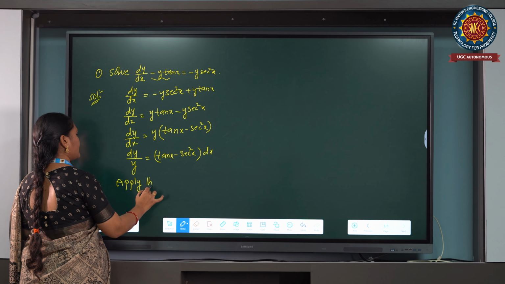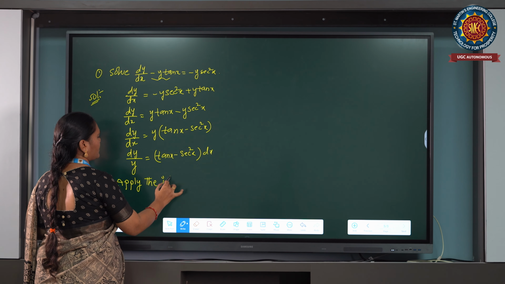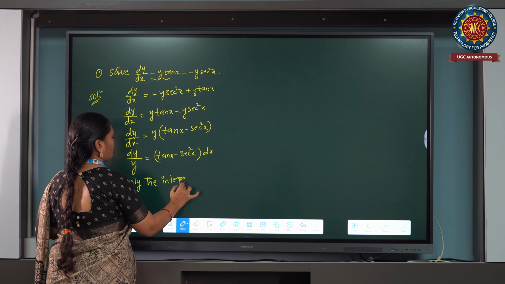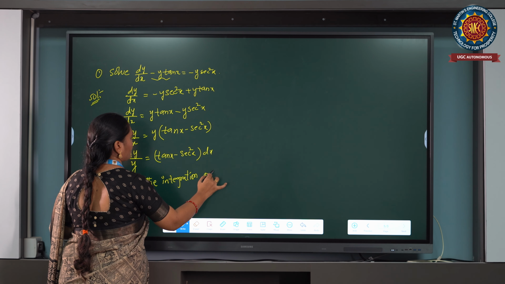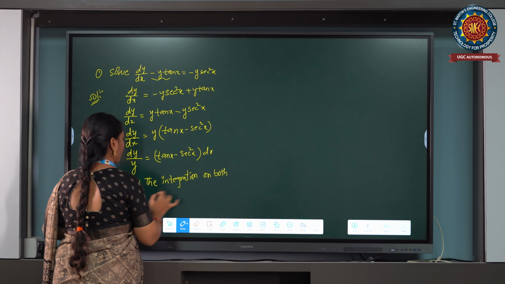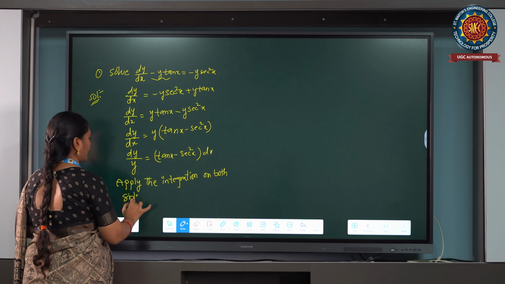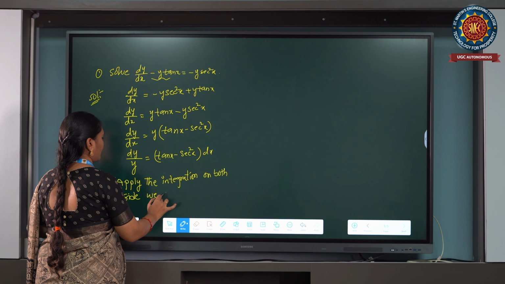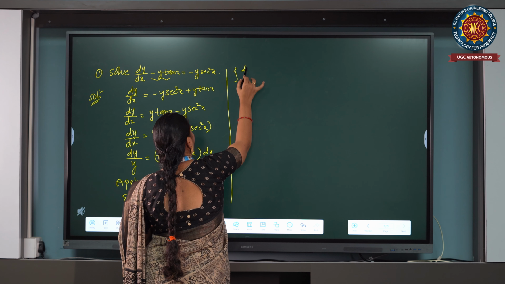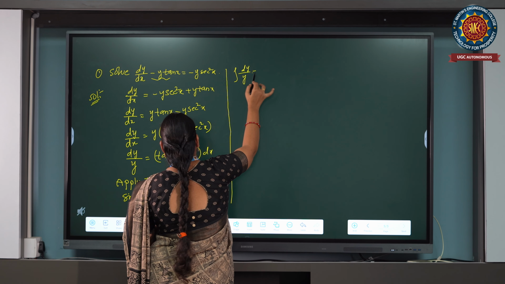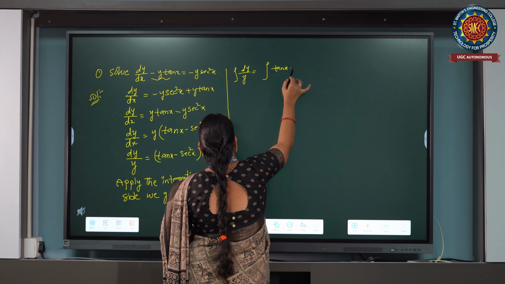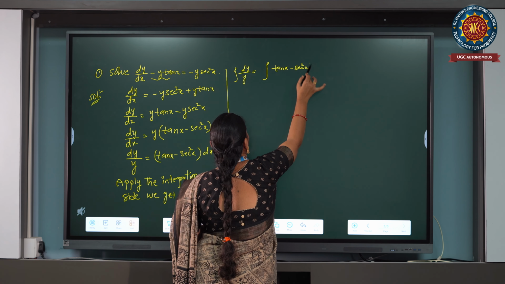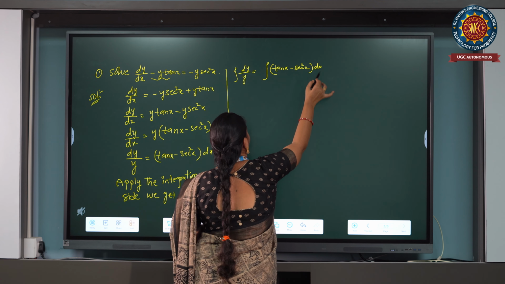Now apply the integration on both sides. Then we get integration dy by y is equal to integration tan x minus sec square x into dx.